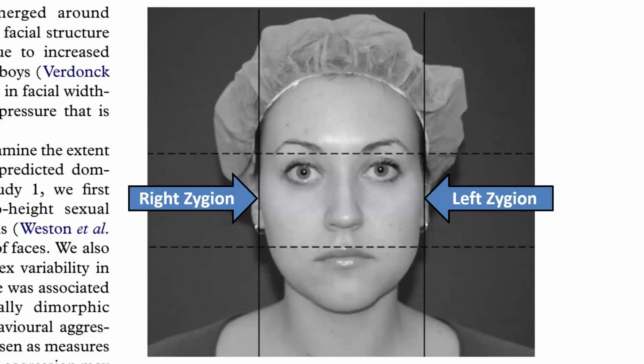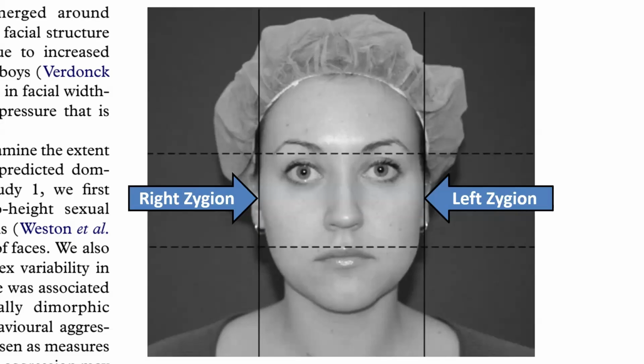But in case you don't, a zygon is the specific anatomical landmark on the skull defined as the most lateral, that is outermost, point of the zygomatic arch, which is, in other words, the cheekbone. So if somebody has very prominent cheekbones, next time, instead of saying, oh my goodness, your cheekbones are so high, you can say, wow, look at those zygons. Those are some high zygons.